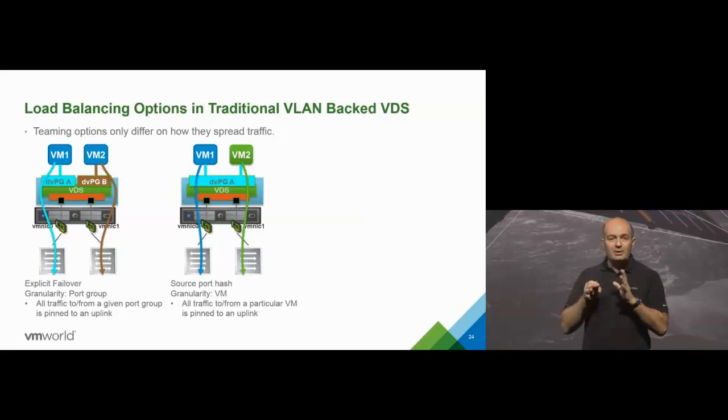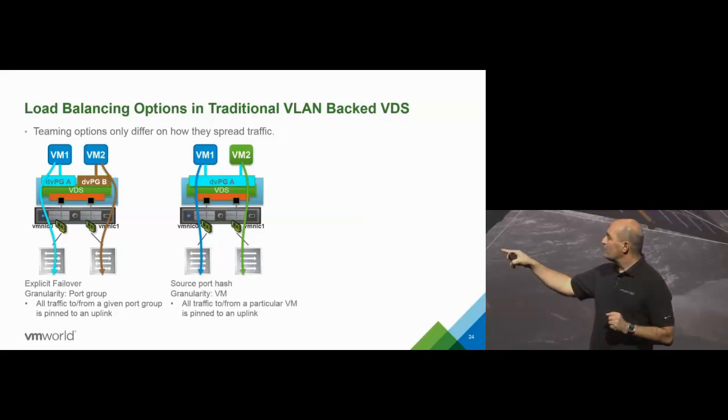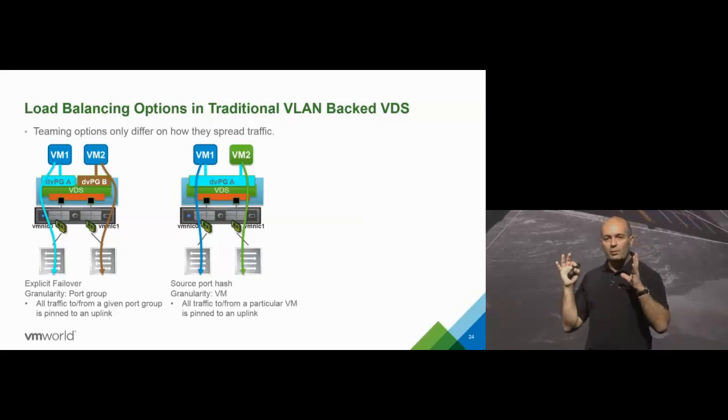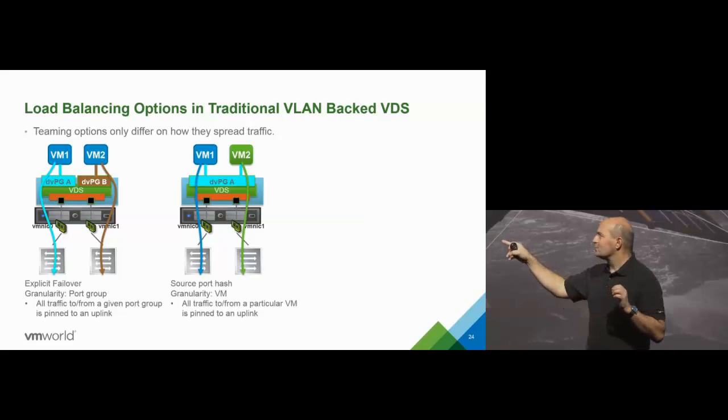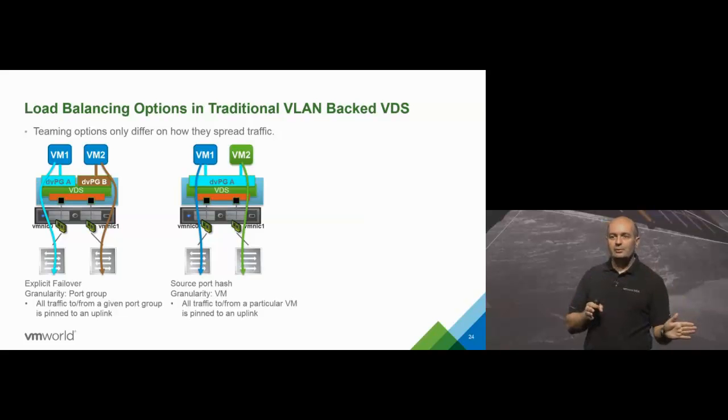Now we can be a little bit more granular. We have an option called source port hash. And now we're going to pin the VM NIC of a virtual machine to a particular uplink. So within the same DV port group, based on your virtual machine, I will send on either the left uplink or the right uplink.